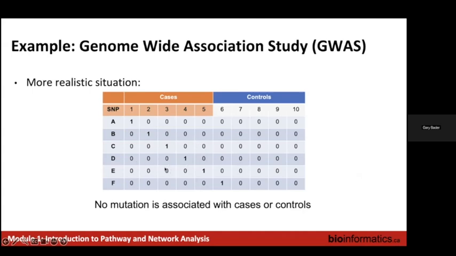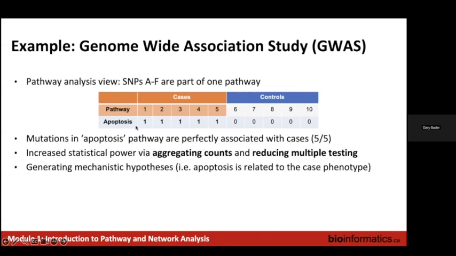We collapse them down into a pathway row. And so now we save the project, because now we see a really strong association with our pathway. It turns out all those SNPs were involved in the apoptosis pathway. And so we see that apoptosis was affected in all the cases and none of the controls.